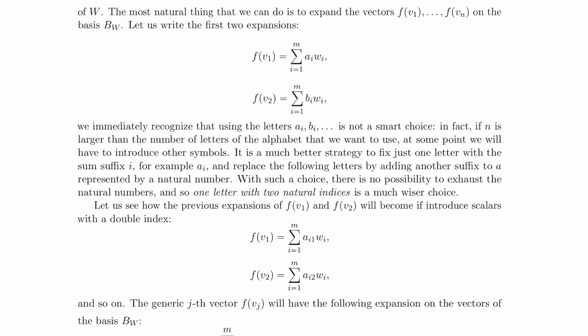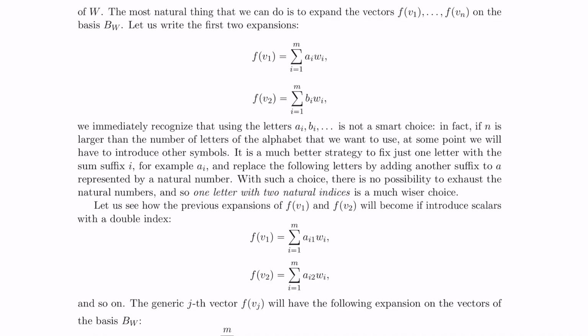In fact, if n is larger than 26, which is the number of letters in the Latin alphabet, at some point I will have to use letters from another alphabet, and this of course will create a chaotic notation. But now imagine that n is so large that we run out of all the alphabets that exist. In this case, we must invent new symbols, but you understand that this is not an intelligent strategy.